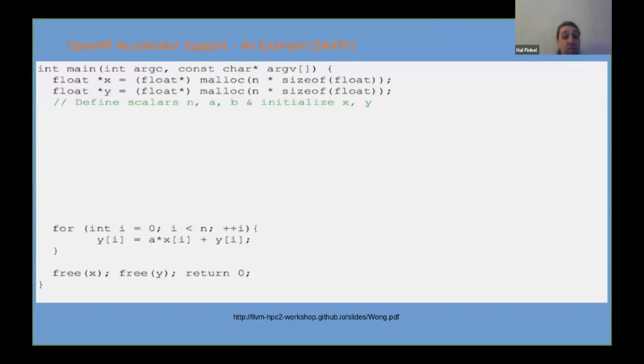Here I have this simple loop. This is a slide from Michael Wong from some years ago, where you have a sort of SAXPY operation. If I wanted to run this on accelerators, I will fill in the magically awkward spacing on the slide with some pictures.